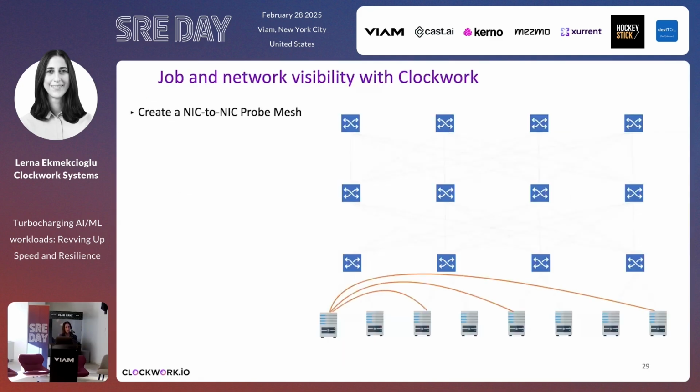So what we do to gain visibility into the GPU cluster network is we create a NIC-to-NIC probe mesh. It's a lightweight probe mesh, but it gives us the ability to monitor the health of the network, not only at the fleet level, but also at the workload level. So when you have applications running as well, you can see the quality of the paths and the delays on these paths.